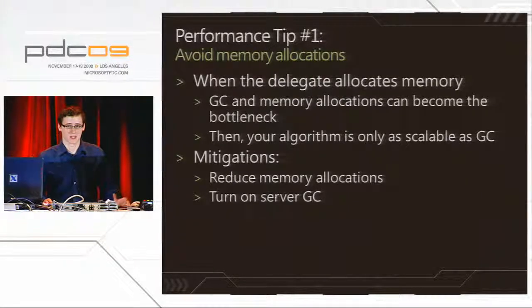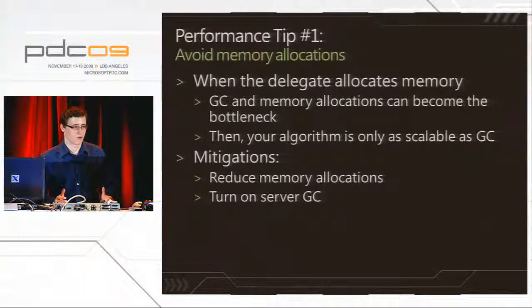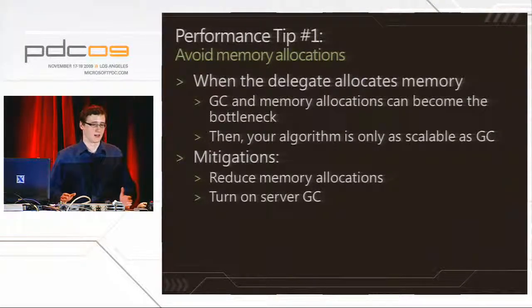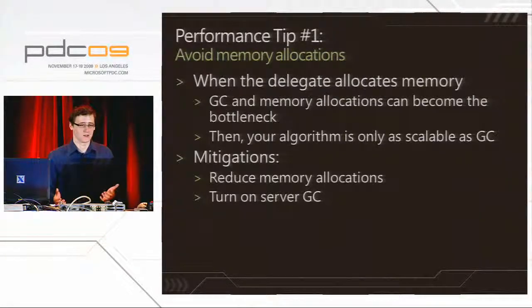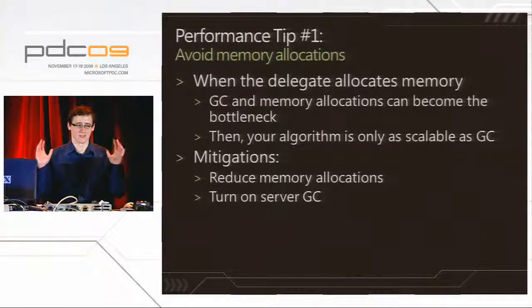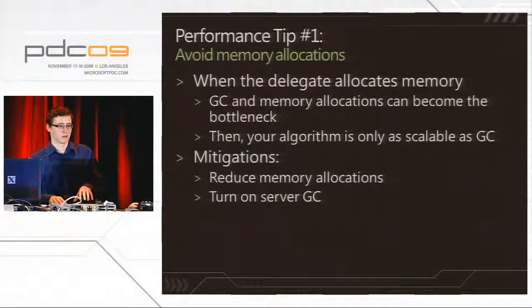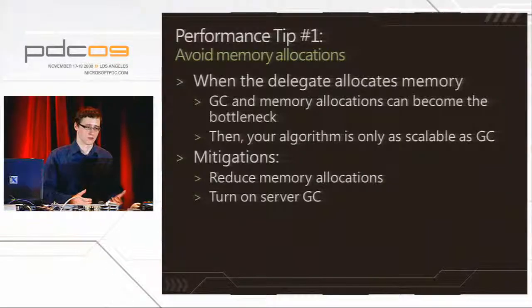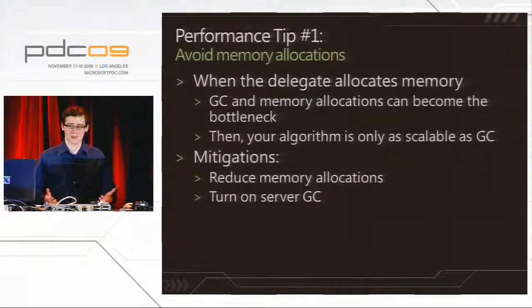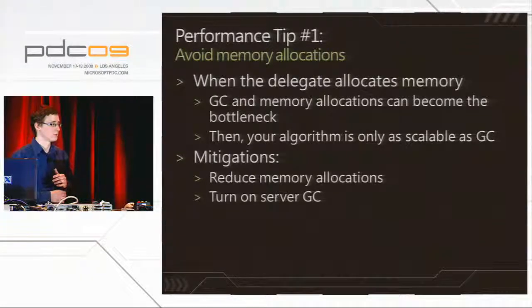If you write something that is concatenating strings or doing a lot of boxing, or if you just represent your data as a lot of small objects, it's quite possible that GC and memory allocations will take 80–90% of your execution time, and then it doesn't matter how well the remaining 10–20% of your program scales. Your program will only scale in practice as well as the garbage collector scales and as the memory allocations scale.